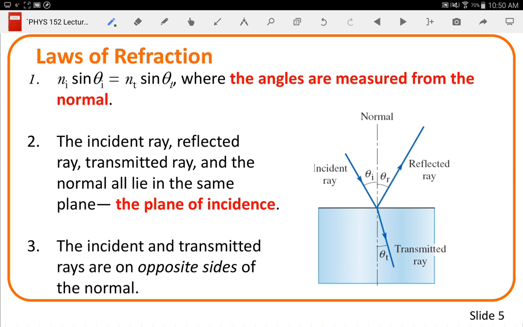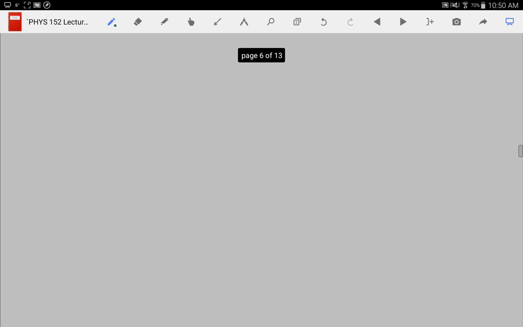So it's easy to solve these problems. Notice these are the laws of refraction. This is the same as in the laws of reflection. The angles for incidence and transmission are in the same plane, the plane of incidence. But if it's transmitted, it's on the opposite side of the interface. If it's reflected, it's on the same side. So this is showing both reflection and transmission.